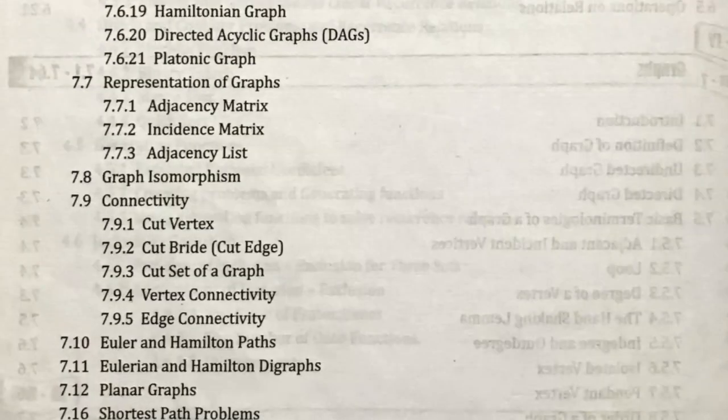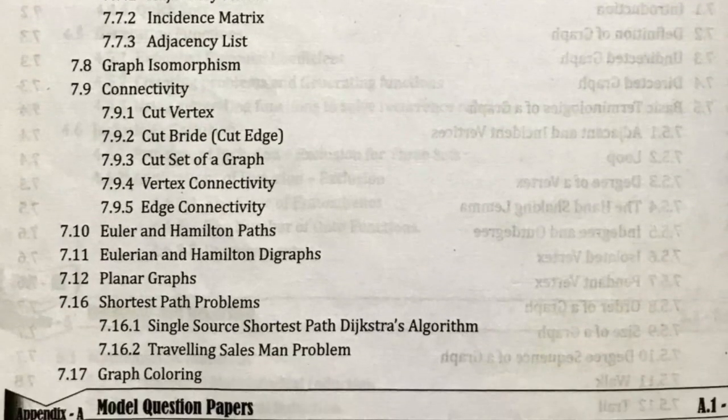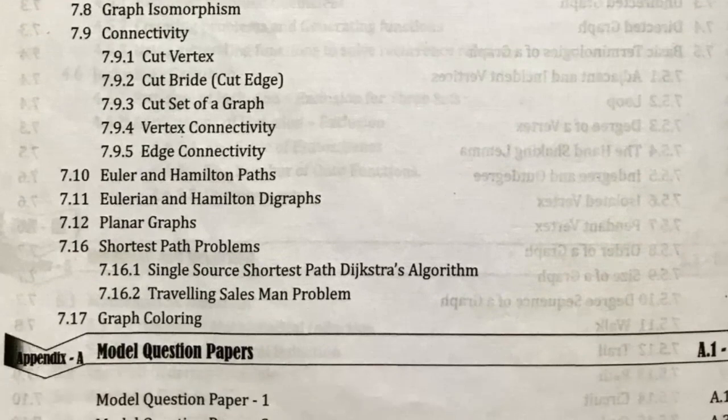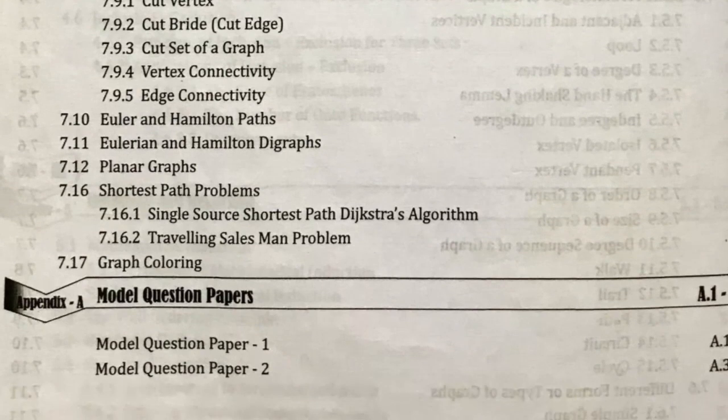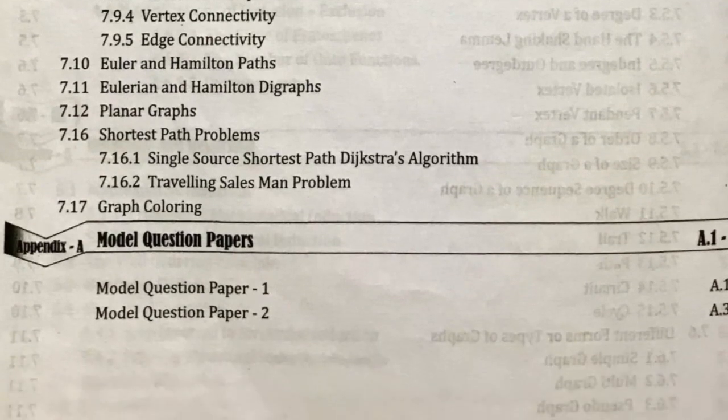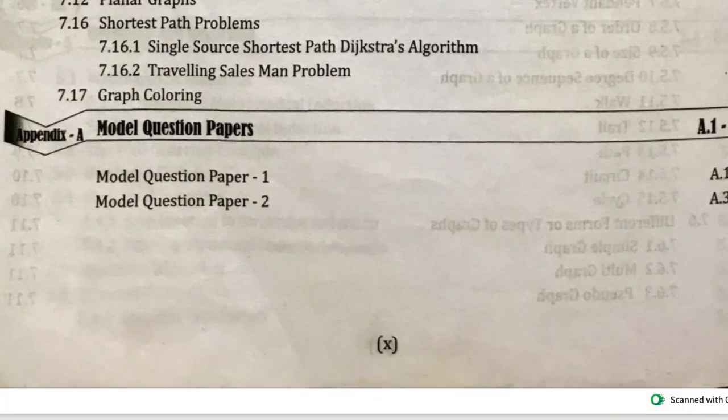Then representation of graphs, isomorphism, connectivity, Euler and Hamilton paths, Euler and Hamilton digraphs, planar graphs and shortest path problems, and the traveling salesman problem. The single source shortest path by Dijkstra's algorithm will be learned in this chapter. The last topic will be graph coloring, which we'll be learning in this chapter.